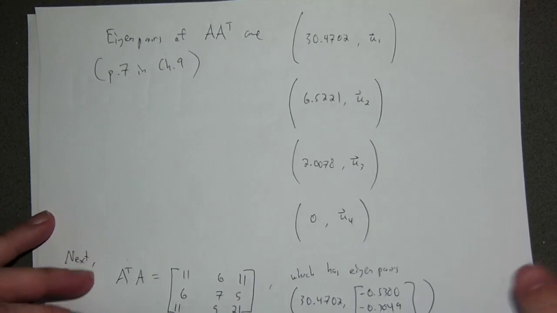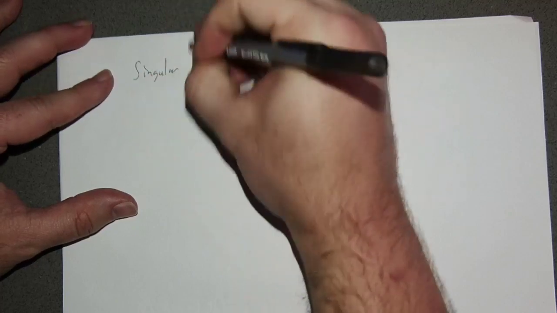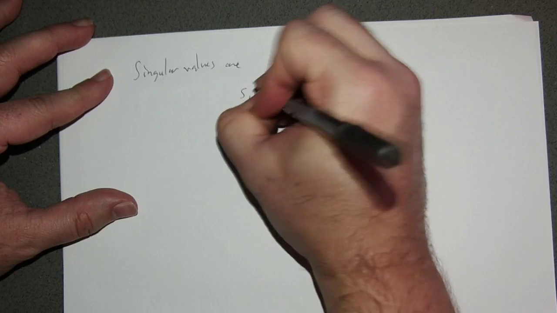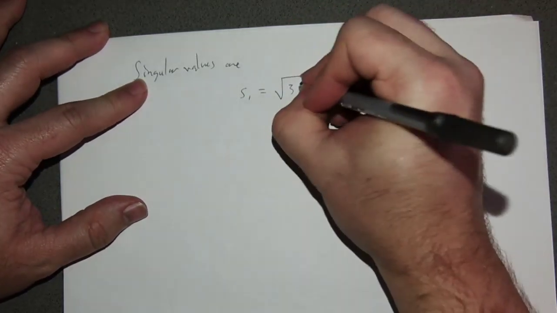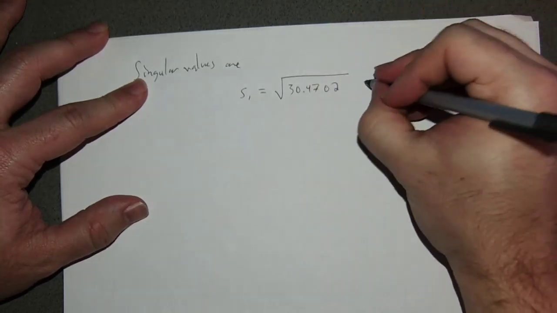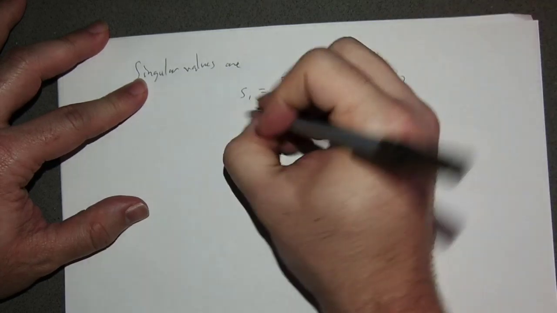All right. So now I need to compute my singular values. The singular values are S sub 1, which is the square root of the largest eigenvalue, so that's the square root of 30.4702, which is approximately 5.52.